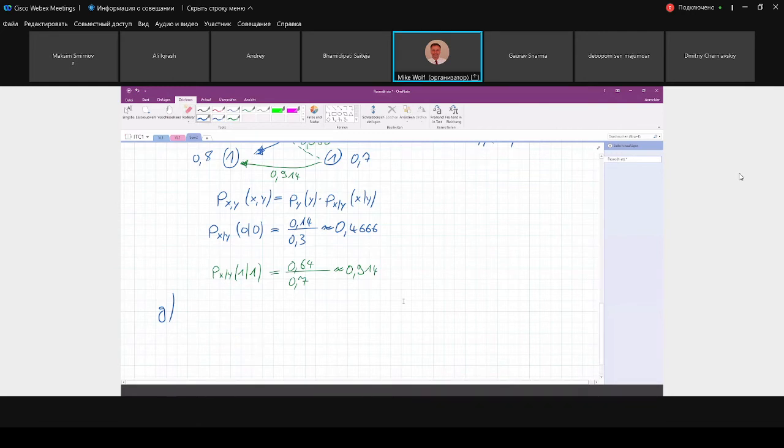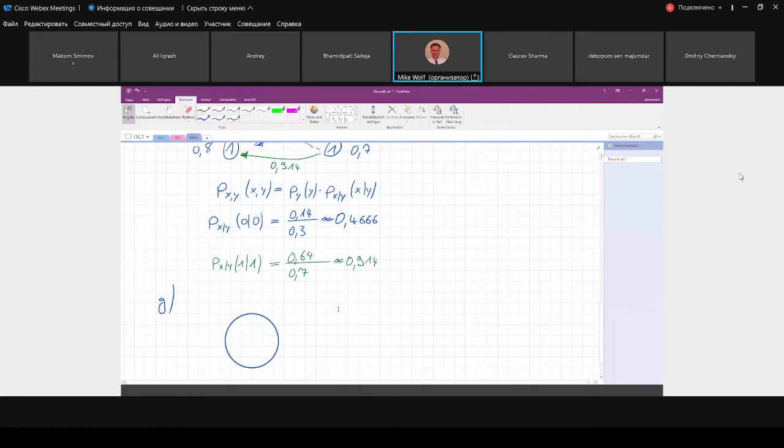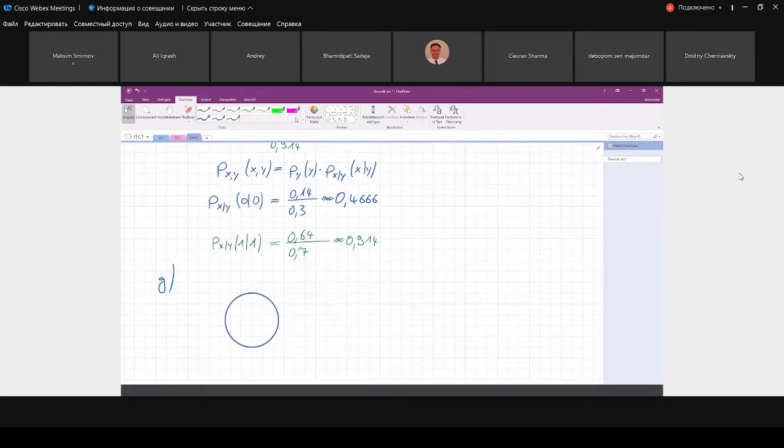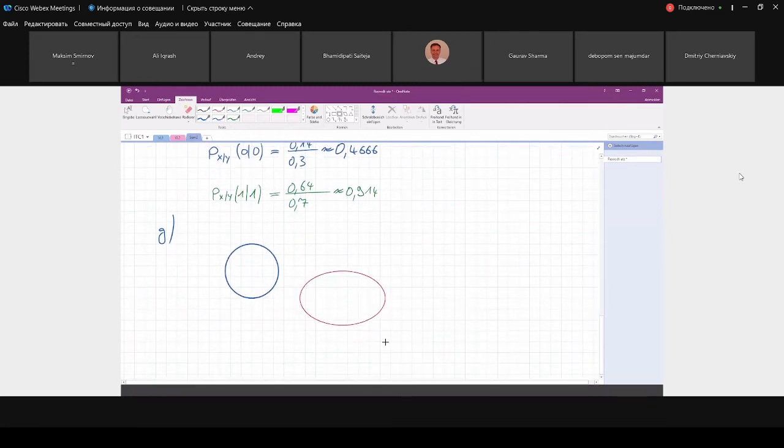This is h of x, okay. So h of y is larger. Why is it larger? Because this is 0.2, 0.8, which is closer to an equally distributed case. Say we make this a little bit larger. Say it looks like this.